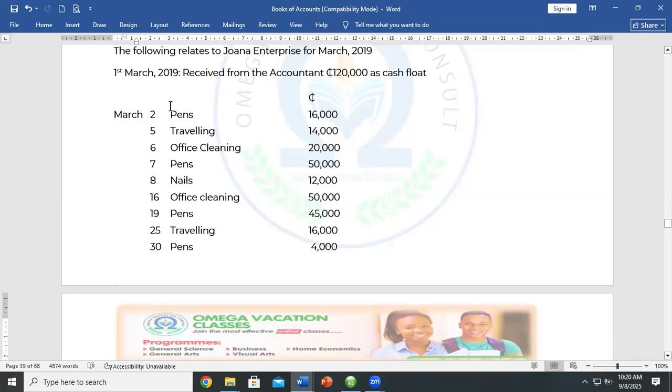Then on 2nd March, we bought pens. On the 5th, traveling. 6th, office cleaning. 7th, pens. 8th, nails. 16th, office cleaning. 19th, pens. 25th, traveling. 30th, pens. You are required to prepare the petty cash book.